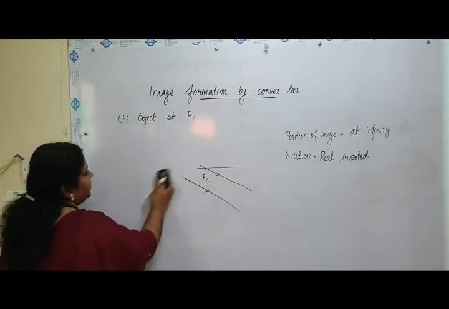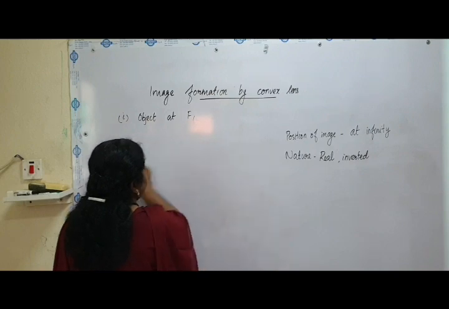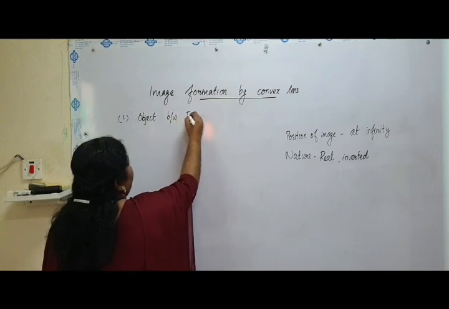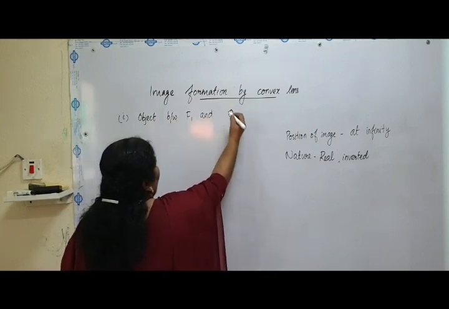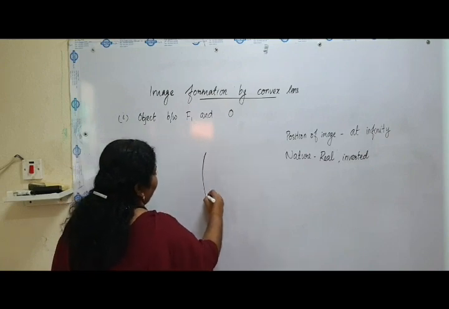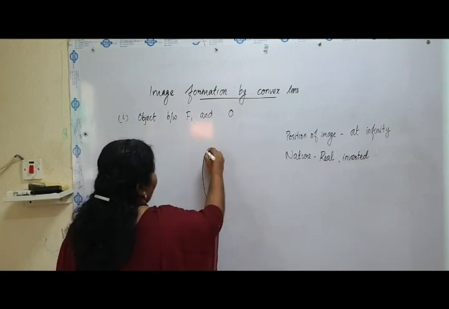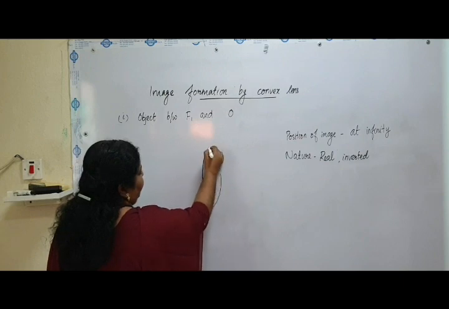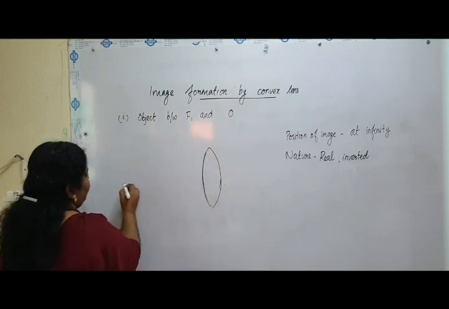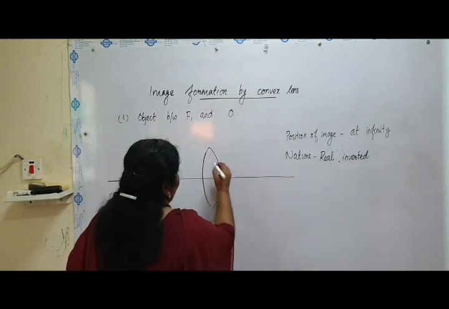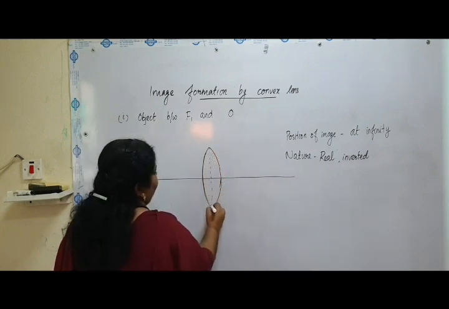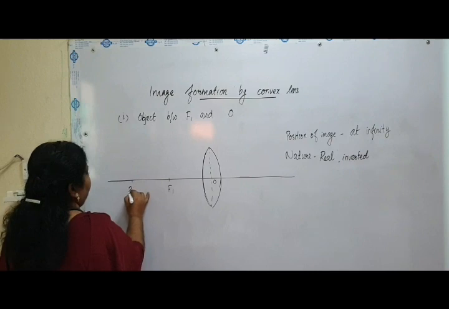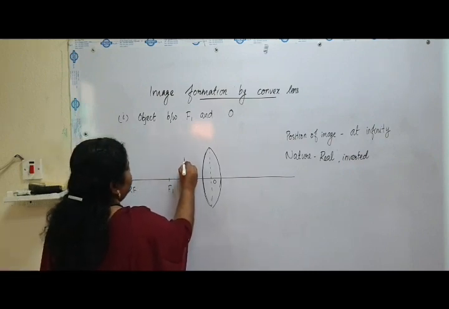Just like in the case of the concave mirror which we have done, the last case is a special case: object between F1 and O. So here we are going to draw. We are going to keep the object here.